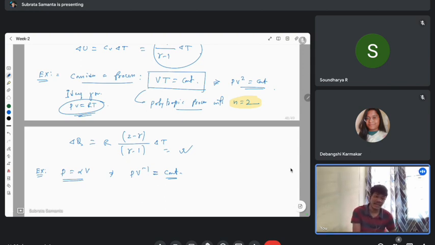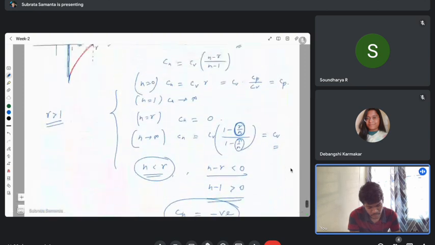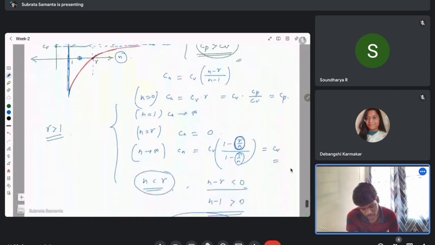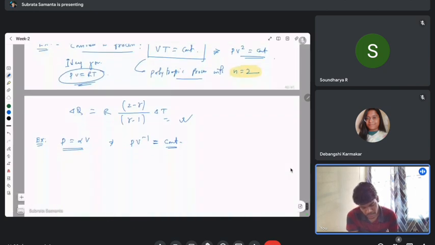Yes, n can be positive, negative, any value, so there is no restriction on n. Here I am only plotting for the positive values of n, but n can be negative as well. So in this process, n equals minus 1.